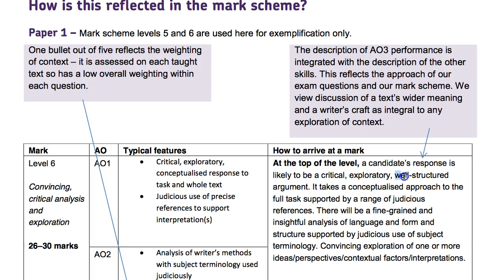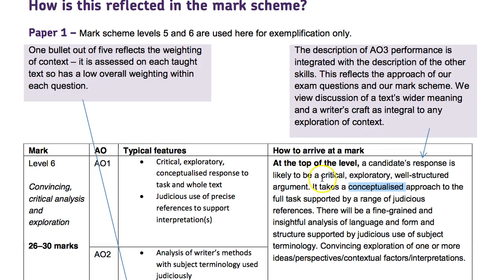If you have a thesis which says why the writer is writing this particular text, that will depend on the context of the time, and so that will give you a well-structured argument. If your answer is conceptualized, it will be because you have decided what the author's purpose is, and that purpose is always linked to the context.